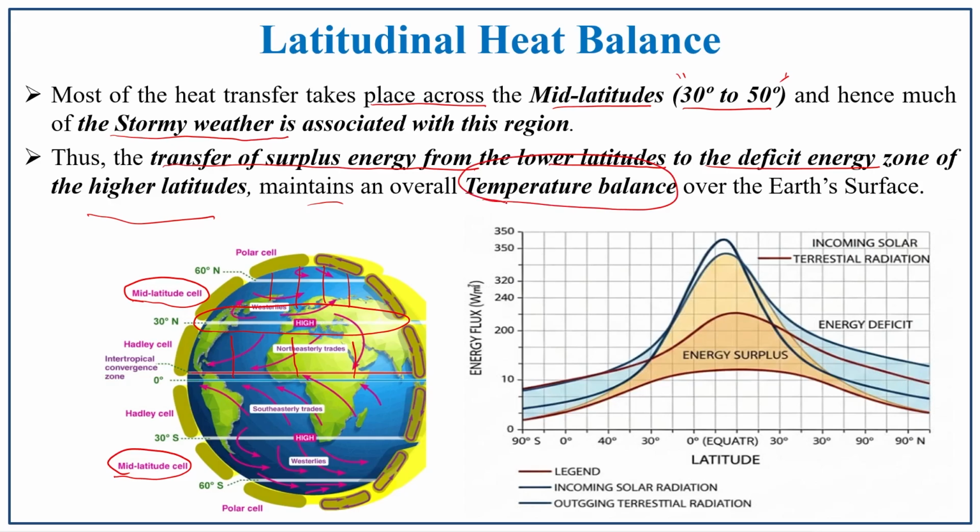If no such process happened, what would happen? Excess heat in one region and deficit in another, and it would not be feasible for life all over the Earth's surface. It would be restricted to a particular place. So, this temperature balance over the Earth's surface is a must.